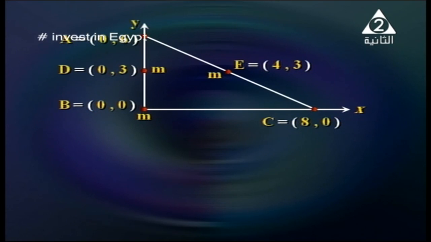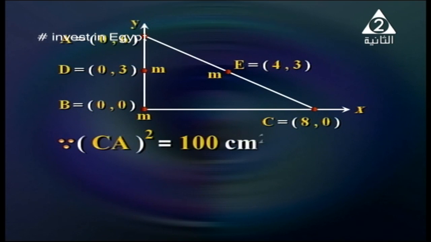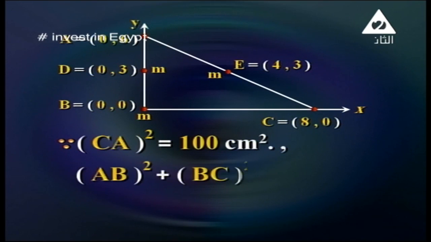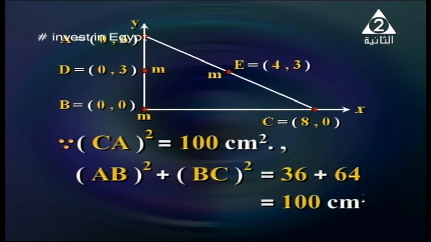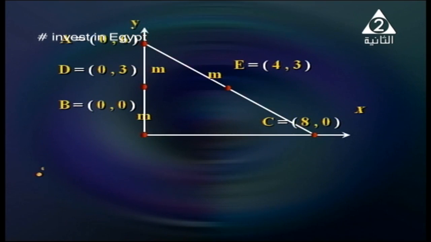We have three masses M acting at B, D, and E. Look at, my dear student, CA squared equals 100, AB squared plus BC squared equals 100 centimeter squared.